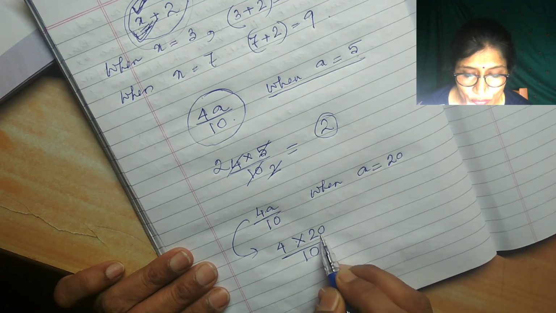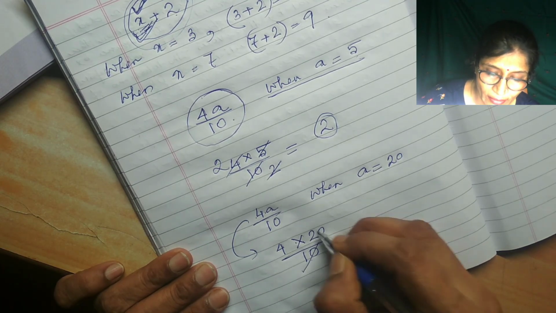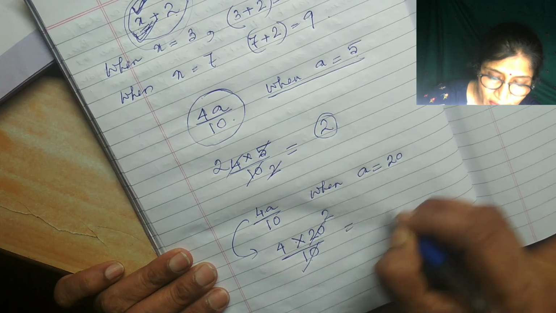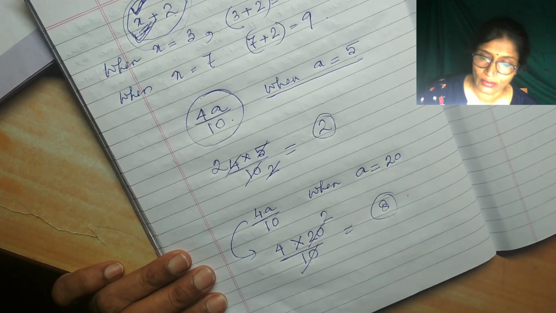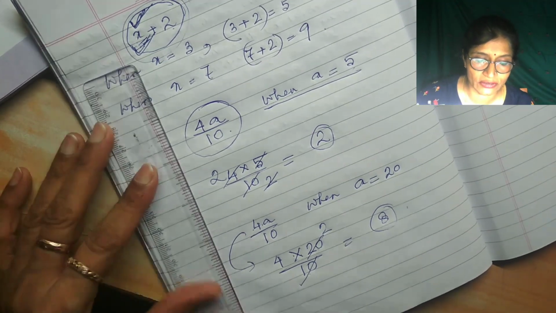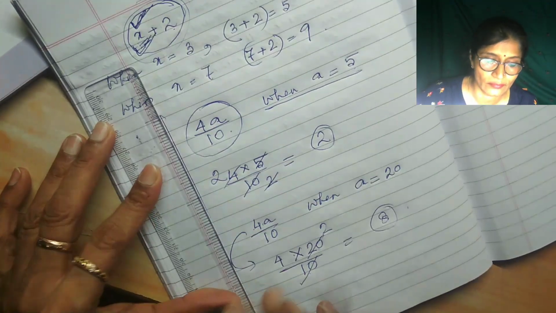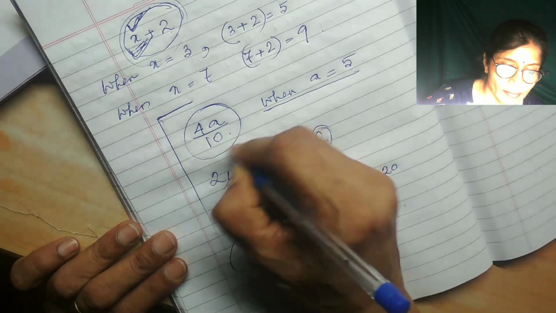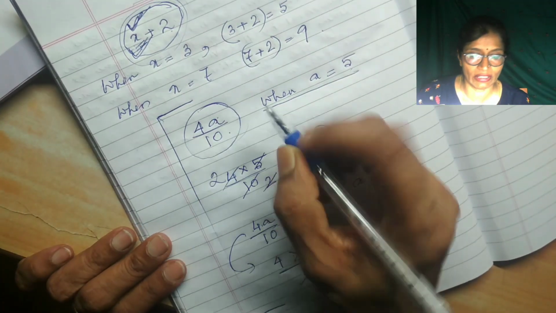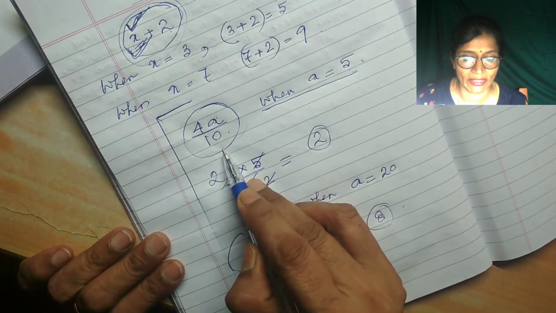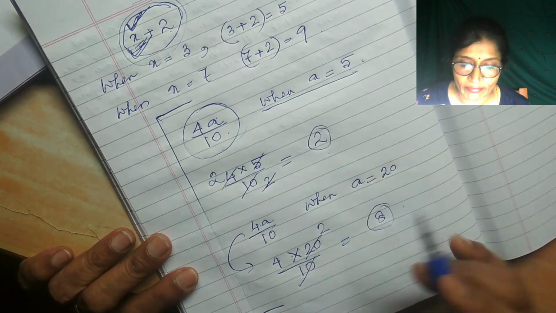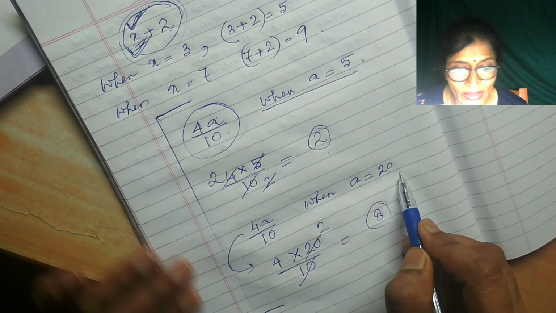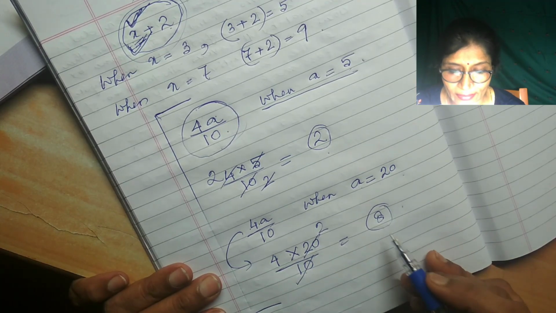So 4 into 20 divided by 10. So 10 2s are 20, that is equal to 8. So the value of 4a by 10 depends on the value of a. When a is 5, then 4a by 10 is equal to 2. And when a is equal to 20, then 4a by 10 is 8.